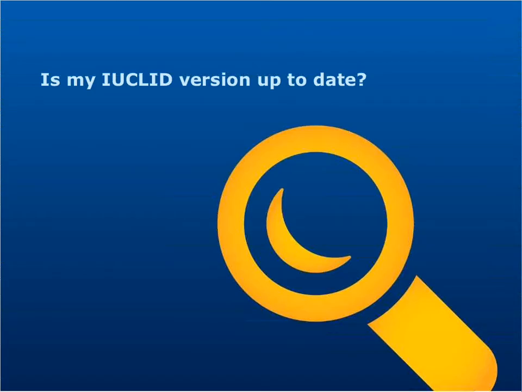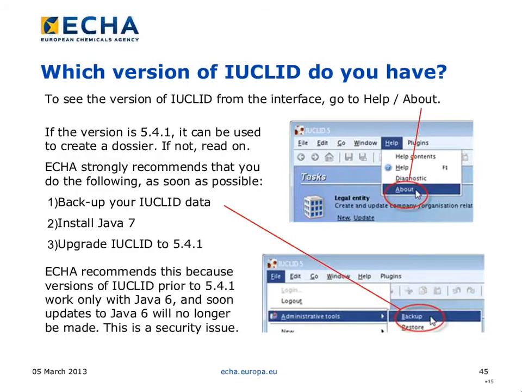A bit now on how to check if you are using the current version of IUCLID. To see the version of IUCLID from the interface, go to Help or to About. If the version of IUCLID you're using is 5.4.1, then this is the current version, so you can create dossiers from it, and you don't need to do anything more in terms of updating your IUCLID.